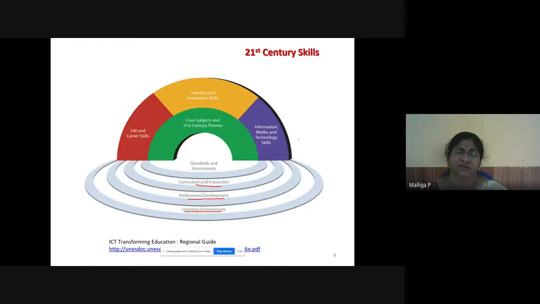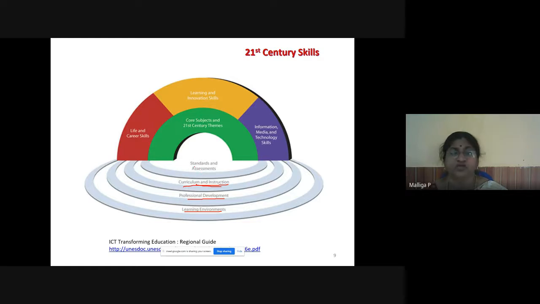Like learning skills, creativity, problem solving, critical thinking, innovation, and then initiative, leadership, organizing, and ICT literacy, everything is available in it, right? So whether we are taking care of it, the curriculum and the instruction.